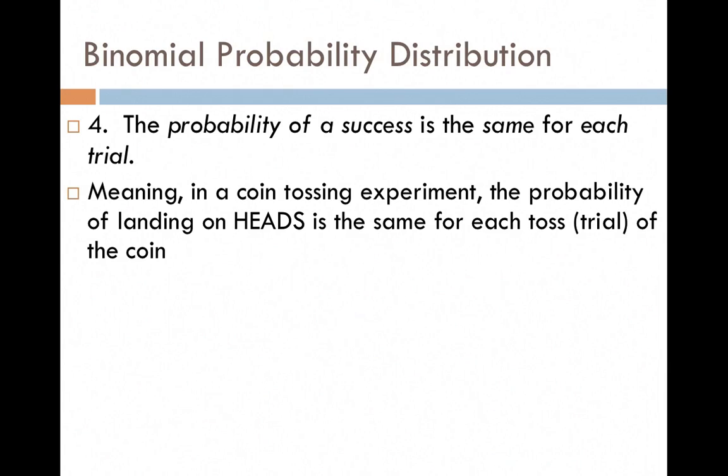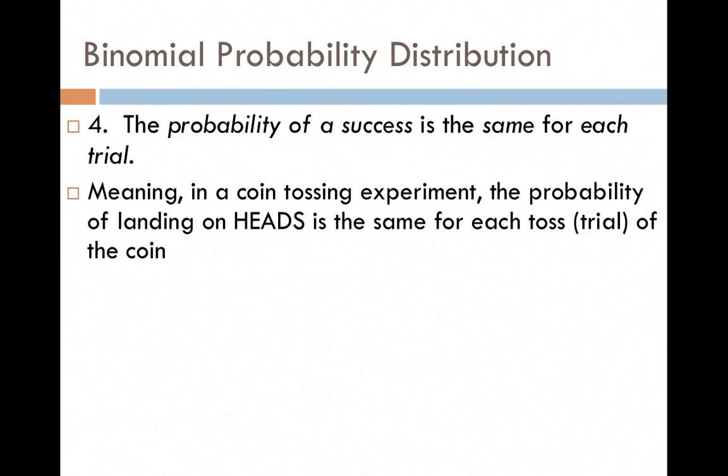So if you have a completely fair coin, the probability of getting heads should always be 1/2. The probability of getting tails should also be always 1/2. If you have a fair die and you roll it, the probability of getting a 1 should always be 1/6. The probability of getting a 5 should always be 1/6.